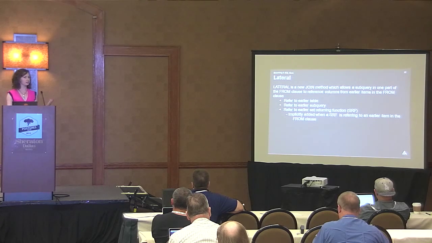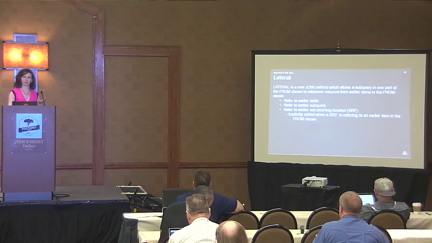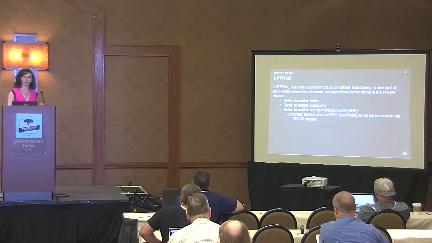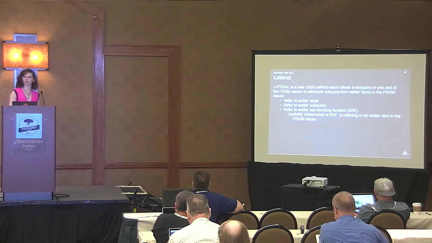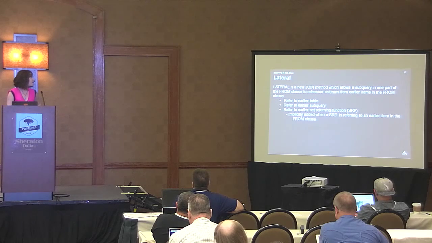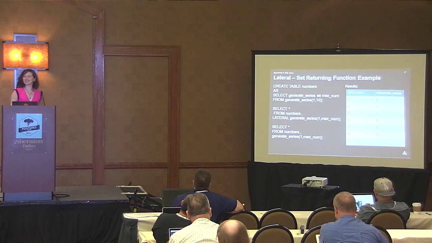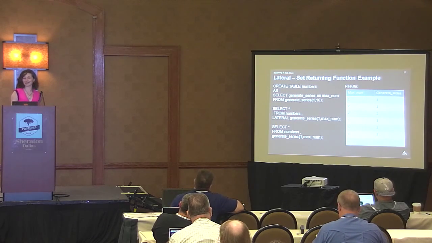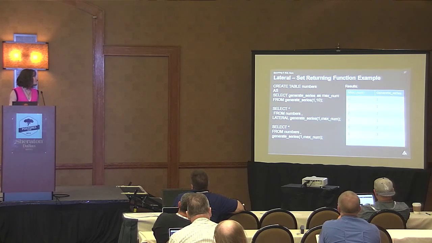One thing to keep in mind is that if you're using tables or subqueries, you have to specify the lateral, whereas if you're using a set returning function, it's implicit. So even if you omit it, in the back end it does it through a lateral. So you don't really need to know that. Again, Stephen disagrees with me, but I think if you don't have to specify it, you don't have to know that it's using that functionality.